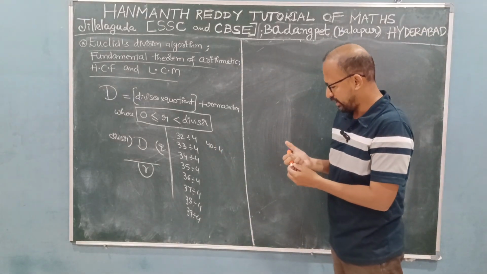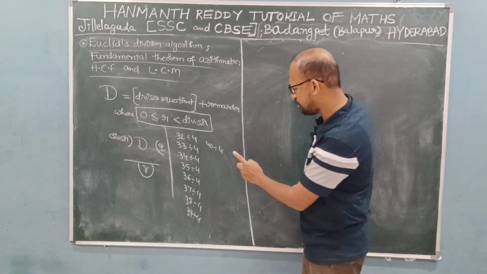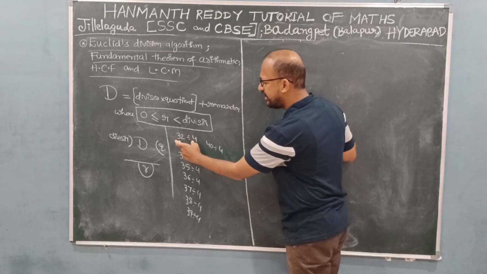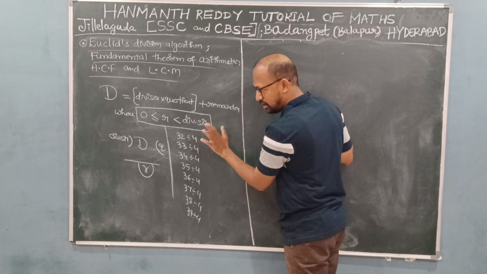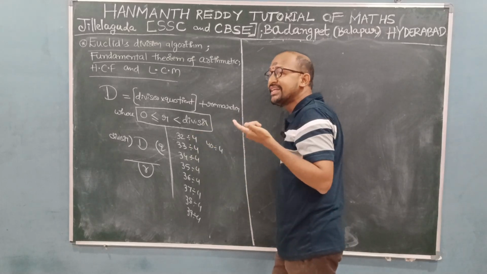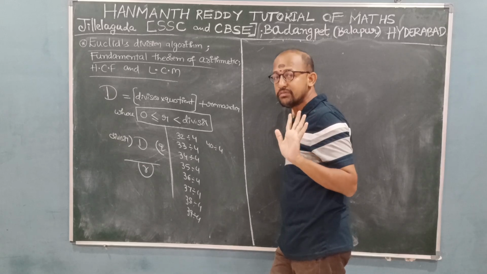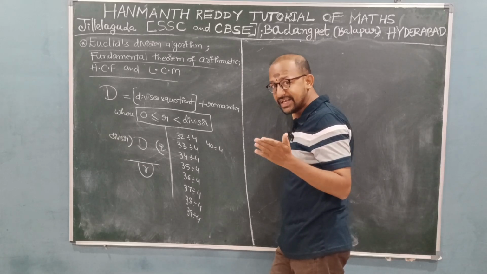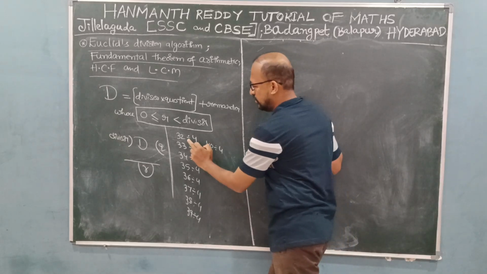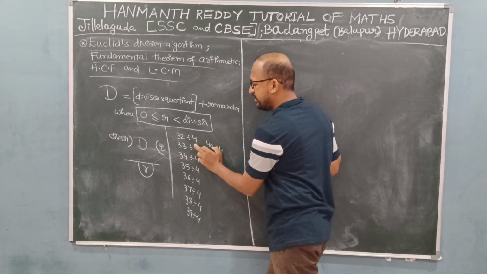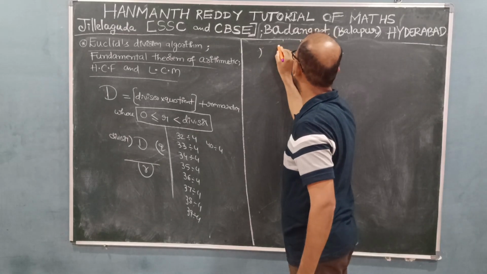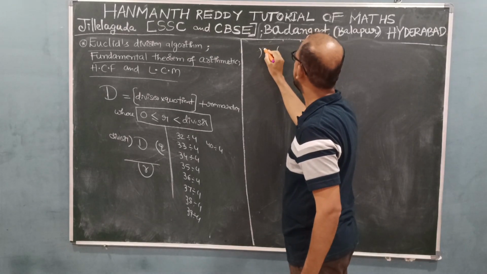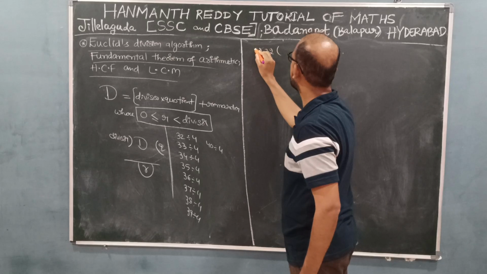As per this symbol, dividend and divisor, the quantity will change according to the symbol. So here we take the dividend as 32, and we go for 4.